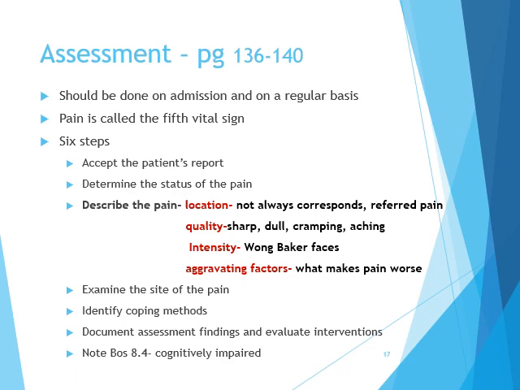Then aggravating factors. What makes the pain worse? And it's like, does it hurt when I do this? Does it hurt when I do this? So you can move the arm around. Let's say it's in the arm. So what makes it worse? What brought it on? Examine the site of the pain.